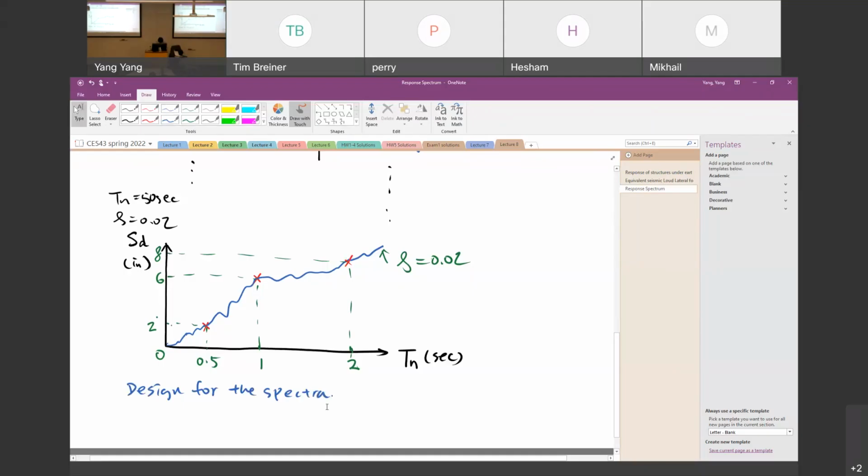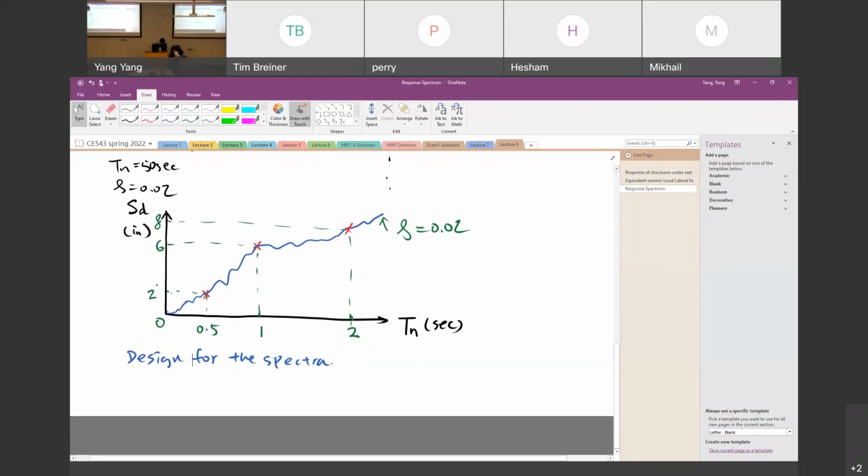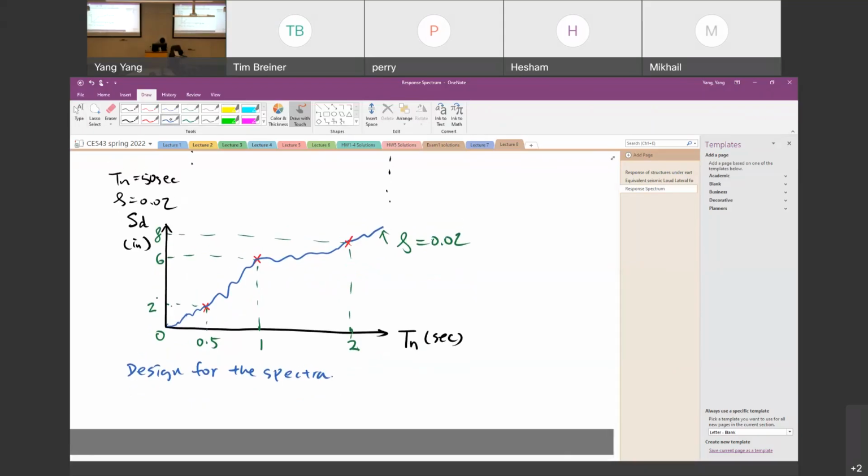Now we can find the maximum force that is equal to K times the maximum displacement.